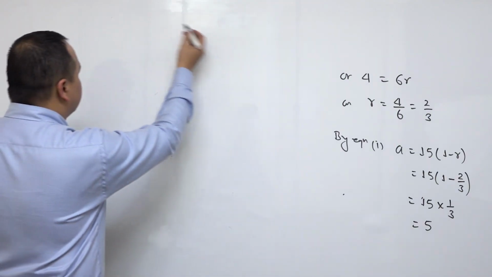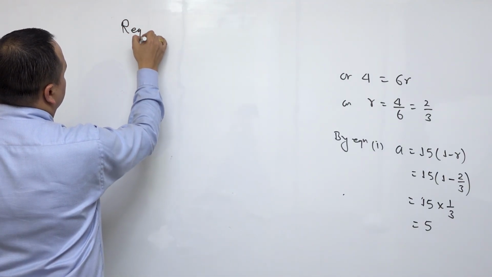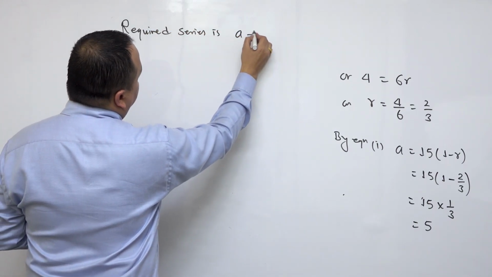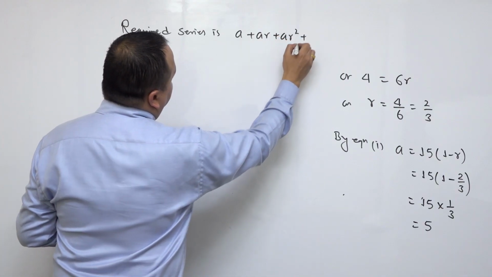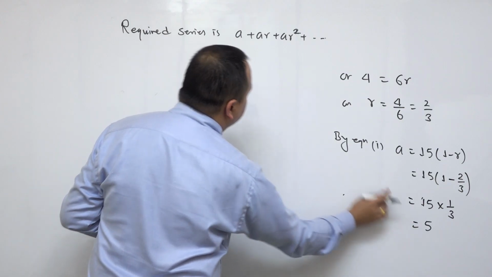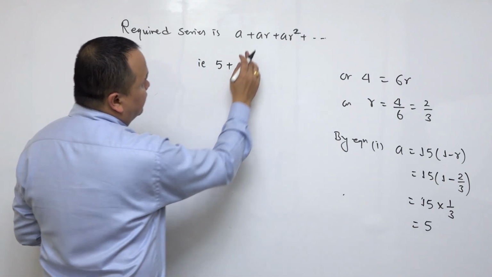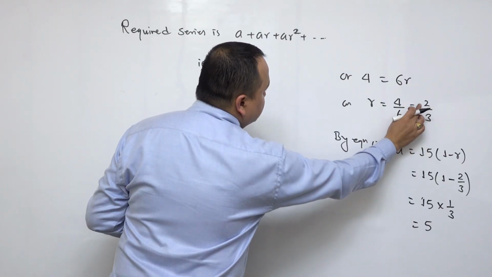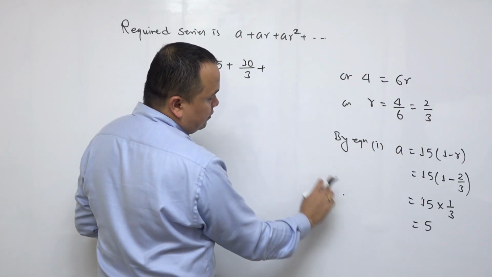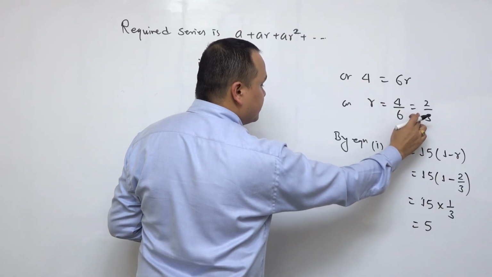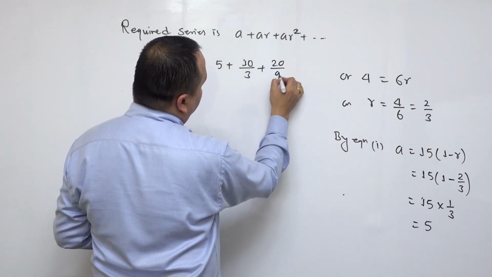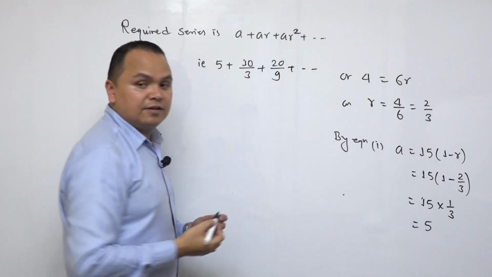Now, the required series is a plus ar plus ar square plus dot dot. That is, we have a is 5, 5 plus ar, 5 into 2 by 3, 10 upon 3, ar square, 5 into 4 by 9, 20 by 9 plus dot dot dot, is the required series.